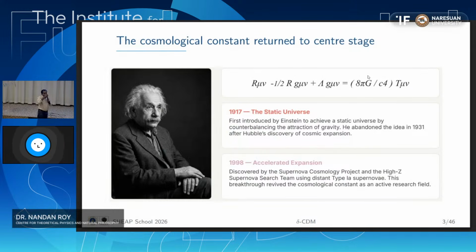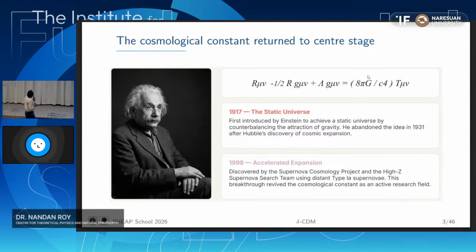The best model we still have for dark energy or the accelerated expansion of the universe is the cosmological constant. As a historical fact, it was introduced by Einstein himself in 1917, because GR was giving solutions which are evolving. So the universe was not static, and he introduced it to get a static solution for the universe.